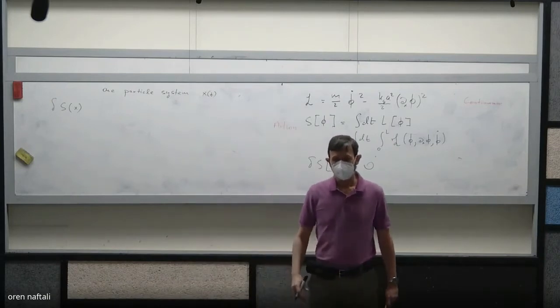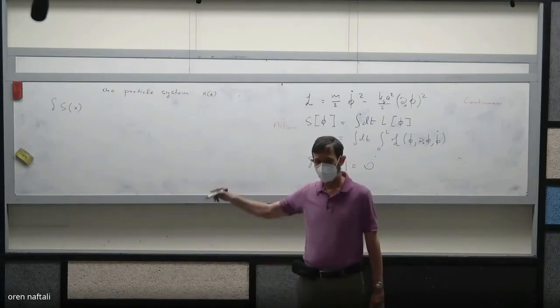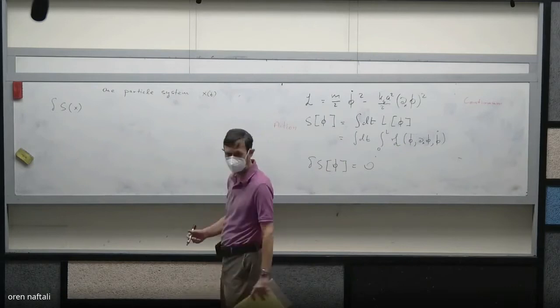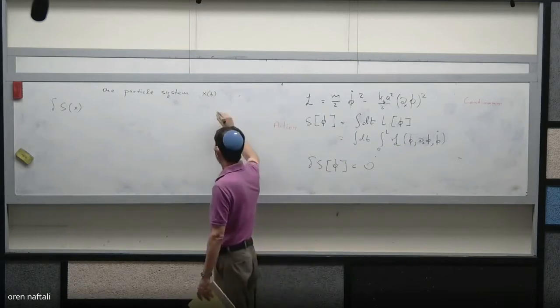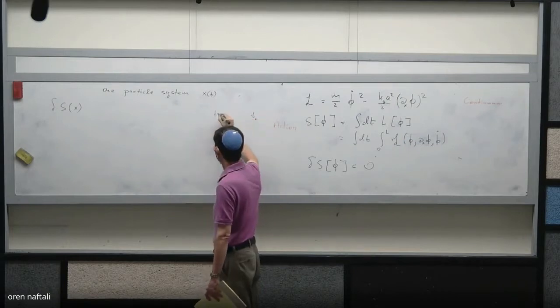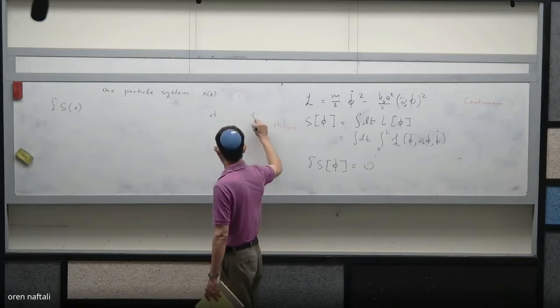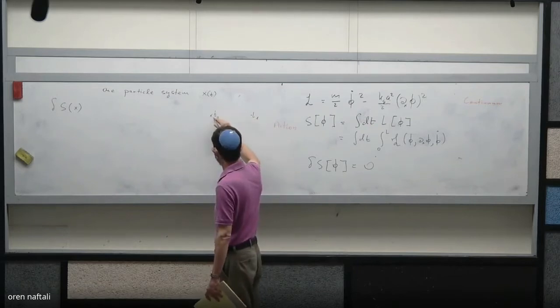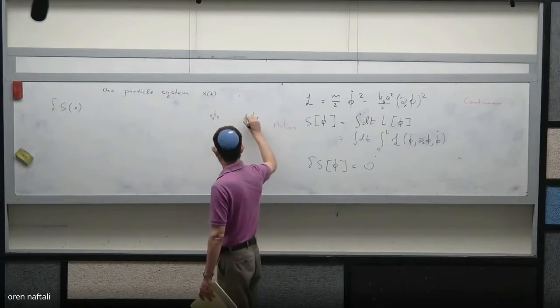Basically, I put in some trajectory between t0 and t1, and some points, x0, x1.